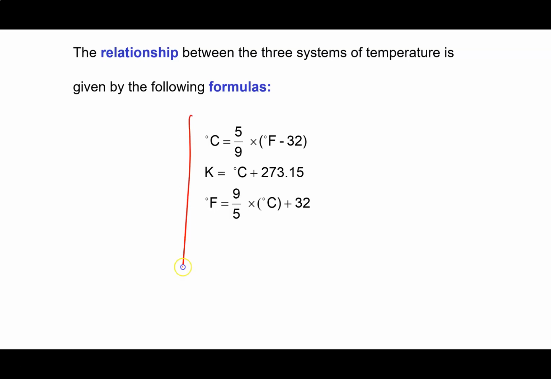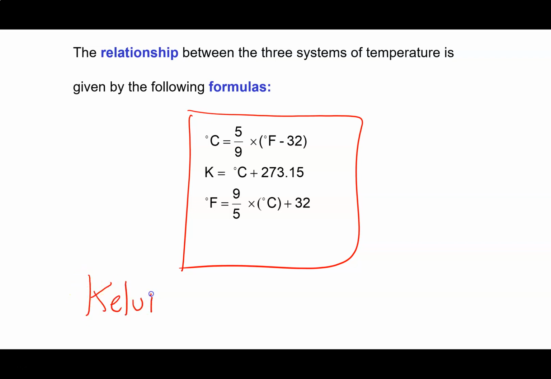Okay, so we did mention that in the SI system, the base unit for temperature is the Kelvin. But commonly, we're also going to see the Celsius system used for temperatures, and in everyday life, we might see the Fahrenheit system used.